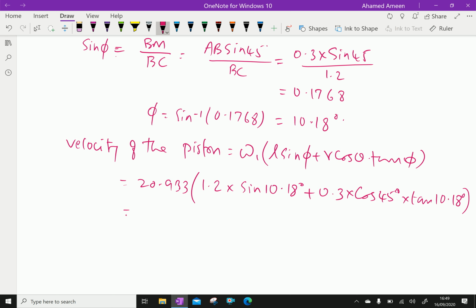Now, which is equal 20.933 into 1.2 into sine phi, 0.1768, plus 0.3 into cos 45, 0.707, into tan 10.18, 0.1796.